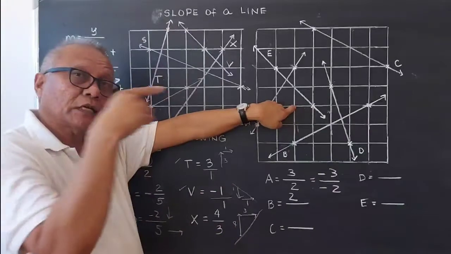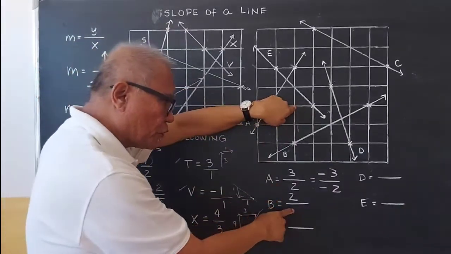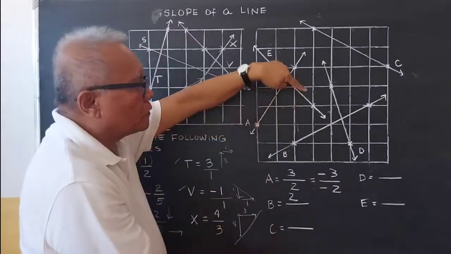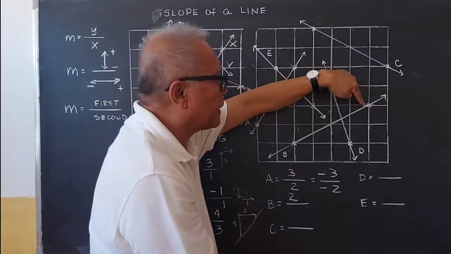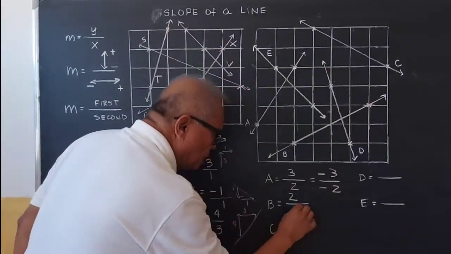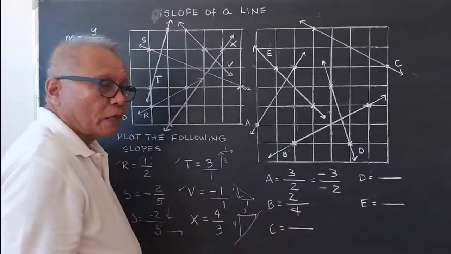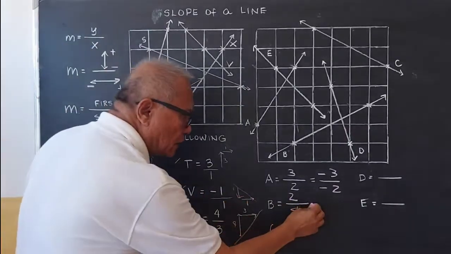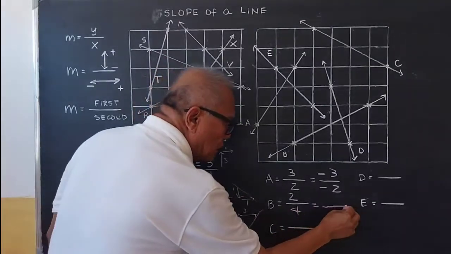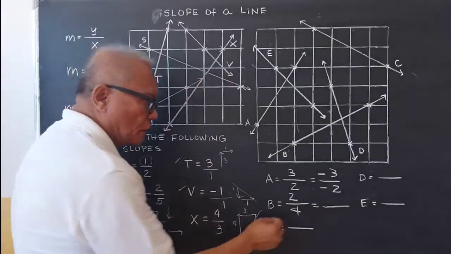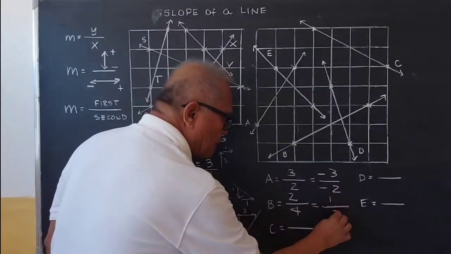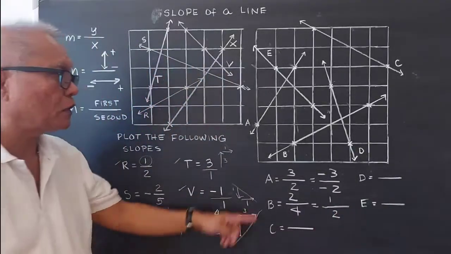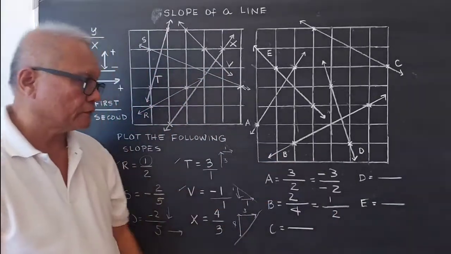Then we go to the right. And it is also positive. So we have 1, 2, 3, and 4. So we have 4. But 2/4 is not in its lowest term. Okay, let us put that one in its lowest term by dividing by 2. So we have 1/2. That is the slope of our line B.